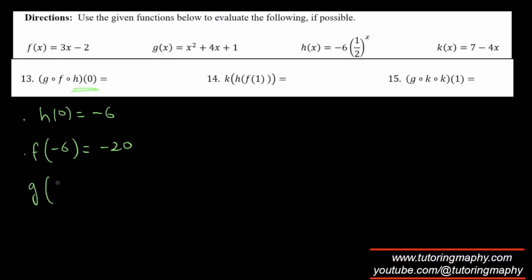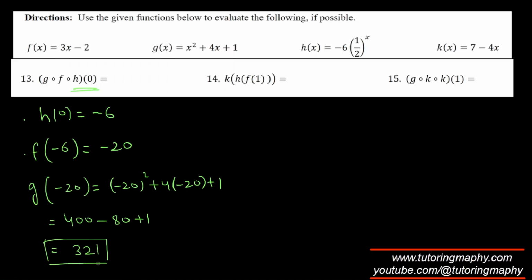So g of negative 20 now, I just replace x with negative 20 here. So that's going to be negative 20 squared plus 4 times negative 20 plus 1, which will be 400 minus 80 plus 1, which is 321, right? That should be our final answer.